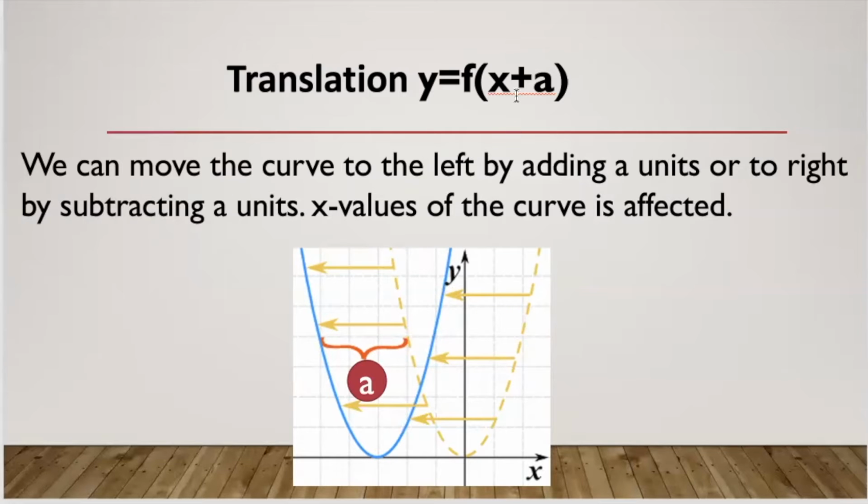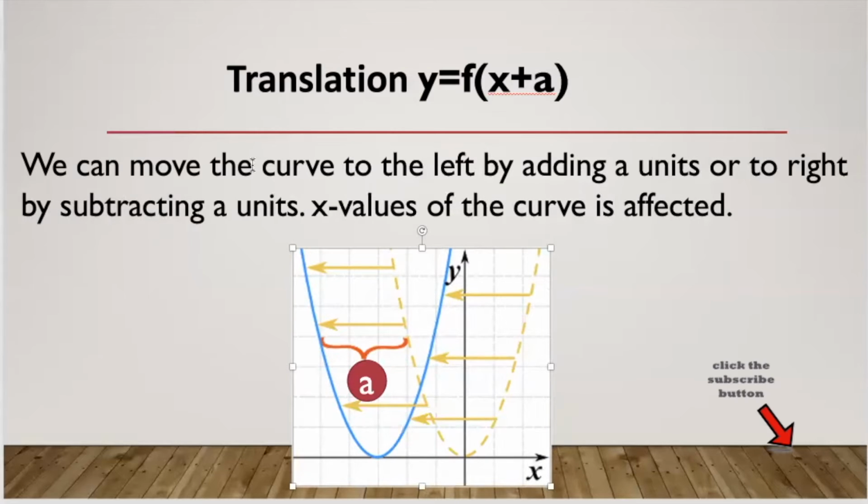If I add 3 units, then I'm going to shift 3 units to the left. If I subtract 3, so I have x minus 3, then I shift 3 units to the right. So the graph will be on my right.